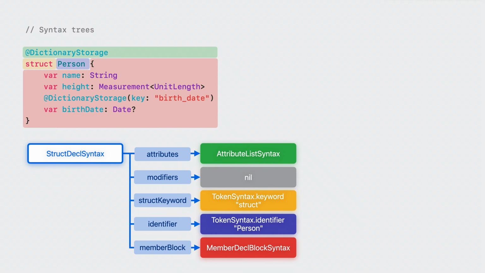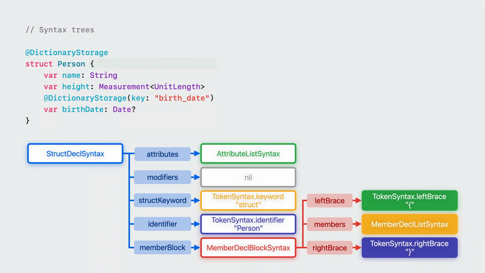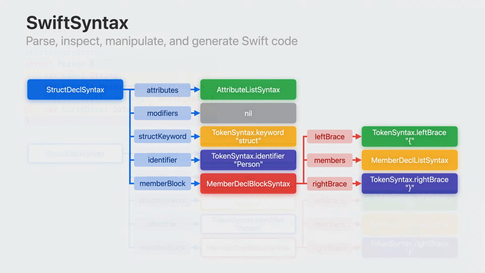These have child nodes in their own properties. For example, if we look inside the member block property, we'll find a token for the opening curly brace, a member decl list syntax node for the list of members, and a token for the closing curly brace. And if you keep exploring the contents of that member decl list syntax node, you'll eventually find a node for each of the properties, and so on.